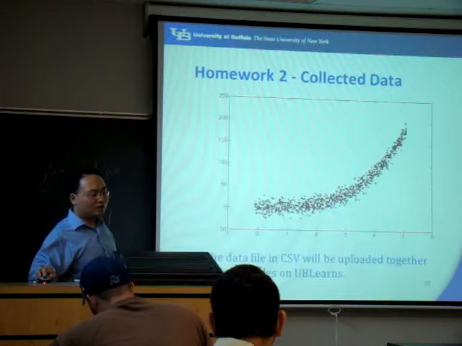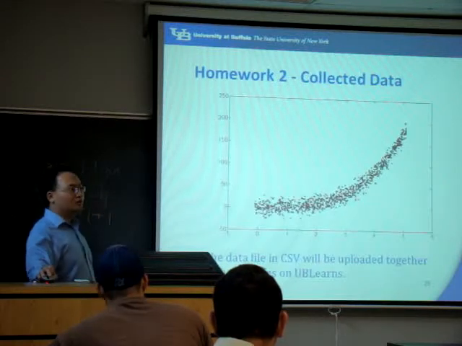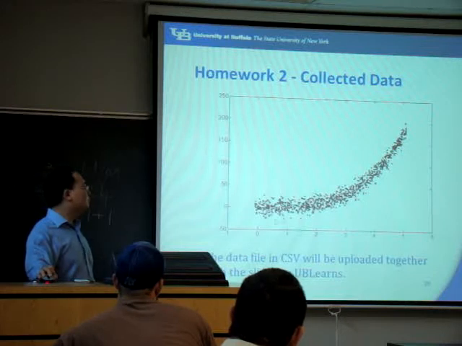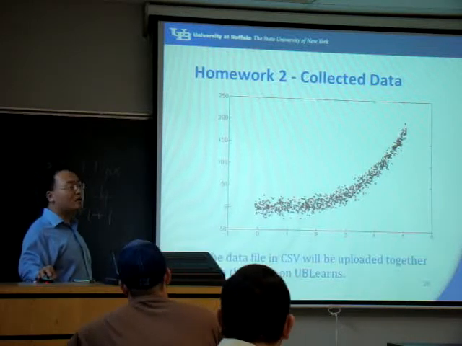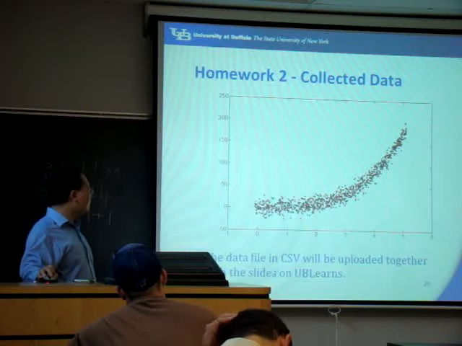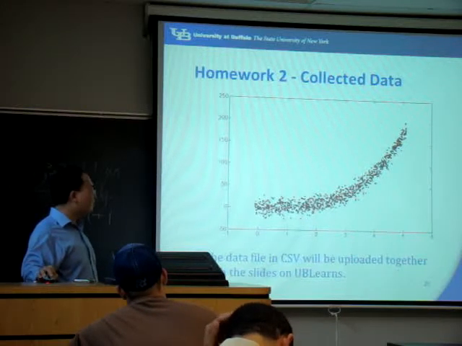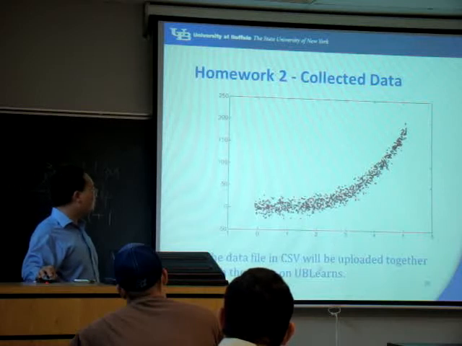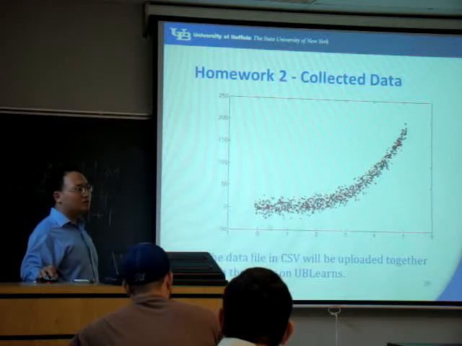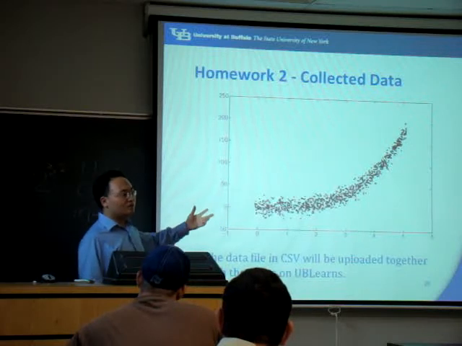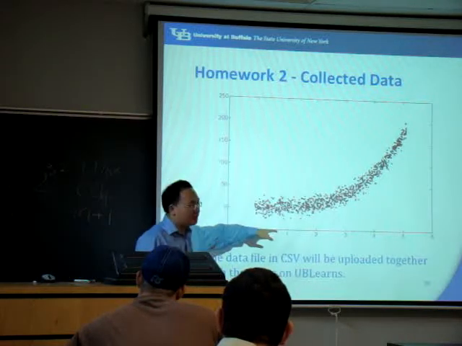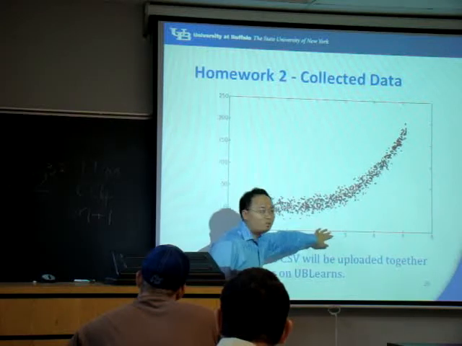These are data points that you collected. So here are 1,000 points. I will upload the data file in CSV format on UV-Lab. This is attribute 1.